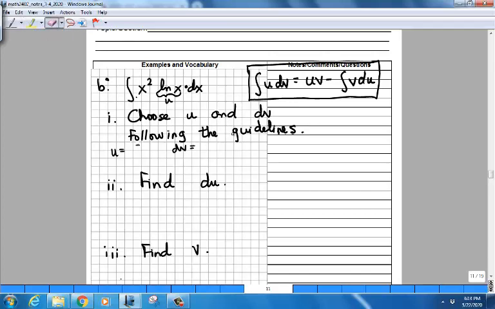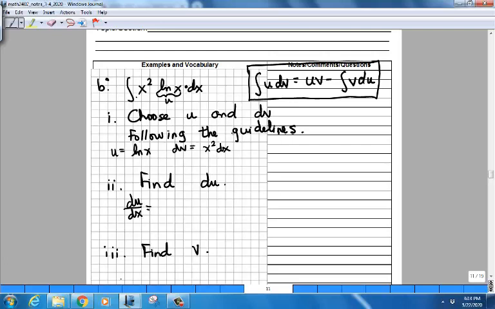And then, of course, dv is going to be everything else, because that's your only option, right? So if u is natural log of x, then dv will be everything else. That would be x squared dx, right? All right, so let's see how this works out. So first, let's try differentiating u.